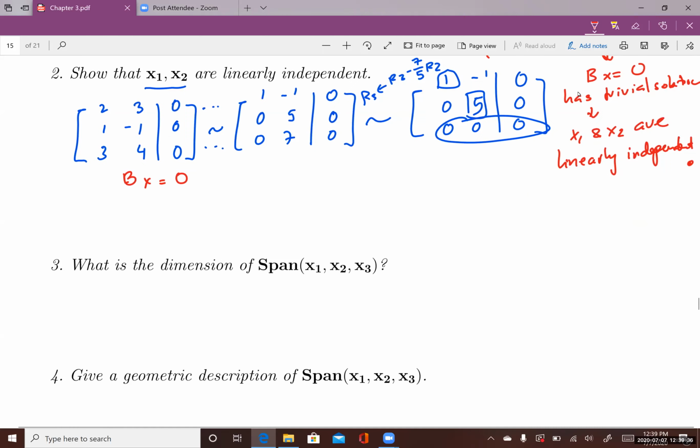Okay. So then you want to ask, what is the dimension of the span of x1, x2, and x3?